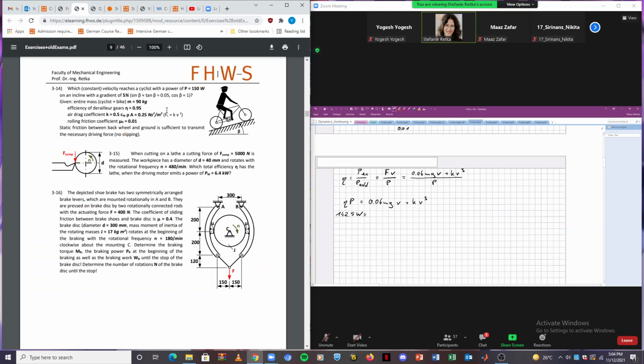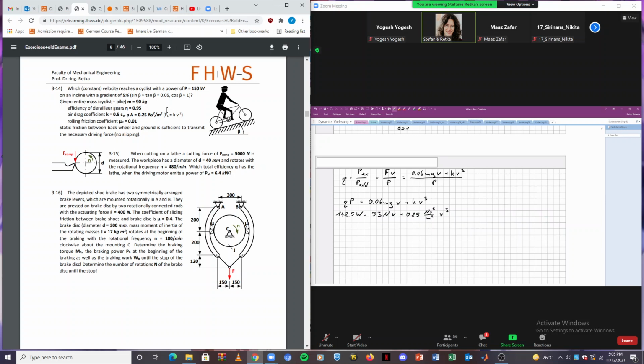Mass is given with 90 kilogram, and g, acceleration of gravity, is given with 10, or will be assumed as 10. Then we have 53 Newton times velocity, and k, the air drag coefficient, is given with 0.25 Newton square second over square meter multiplied by the velocity to the power of 3.